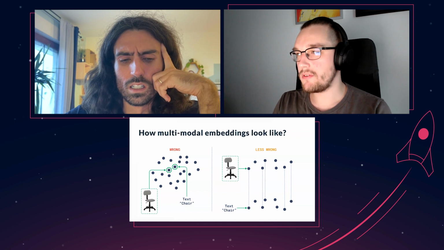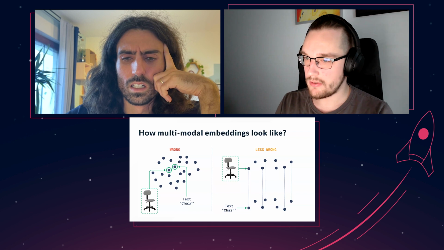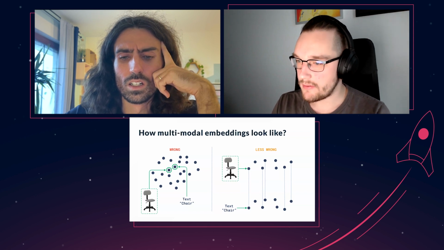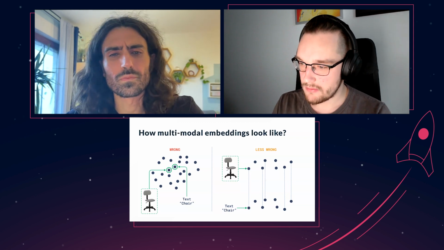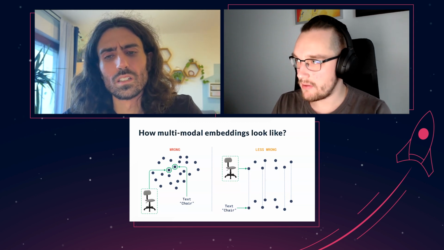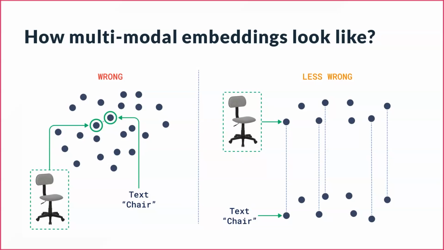And the reason for this is, of course, the training process. When you do training for those cross-modal embeddings, you basically have two types of, they call them towers, two types of encoders, one for image, one for text, and then after you have those, you align them between each other.